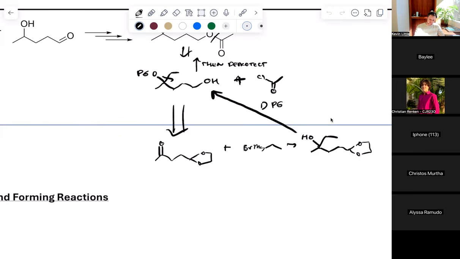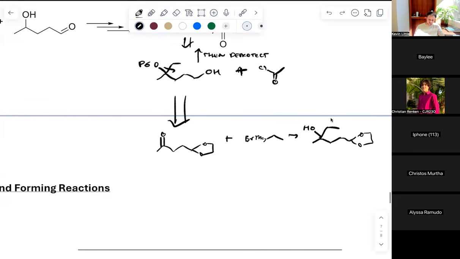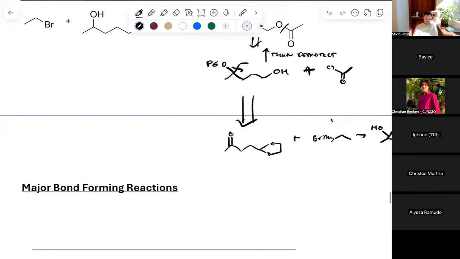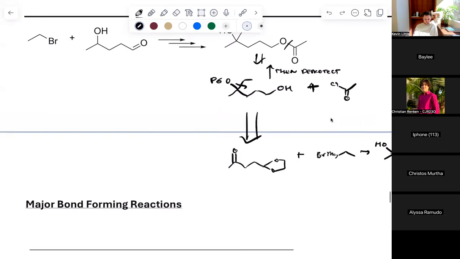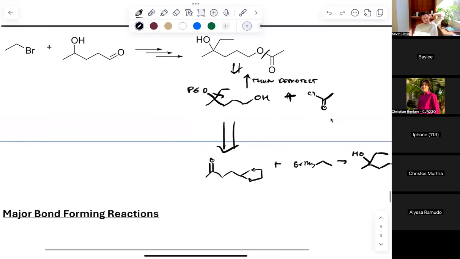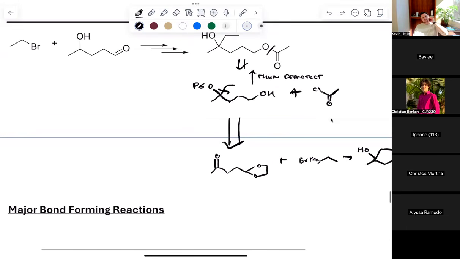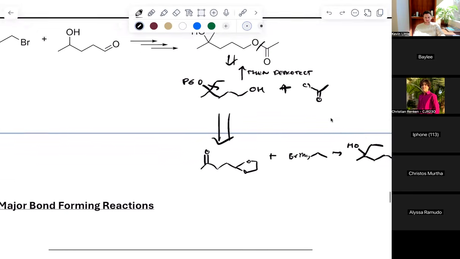Well, actually, there's going to be a fair amount of things. I'm going to talk about making this here in a second. So turning this into this is going to be a couple steps, which we'll talk about in a second. This question has a lot of protecting and deprotecting that has to go on to make it work.